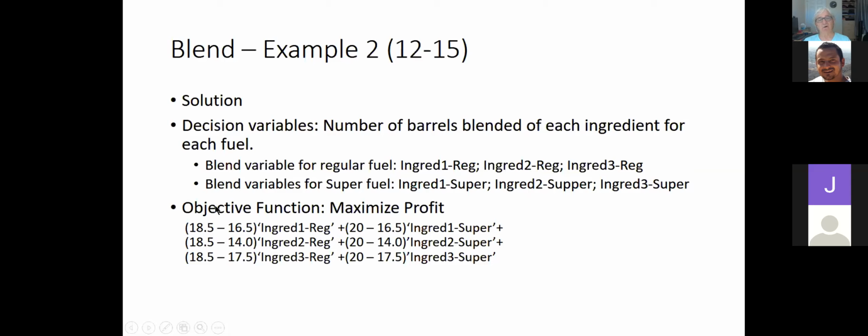So when you add all of them, you get the total profit. So again, this is the profit that you gain from selling a barrel of regular gas from the ingredient 1 portion of it. You have another profit if you mix it from ingredient 2 and 3. That's the total profit.